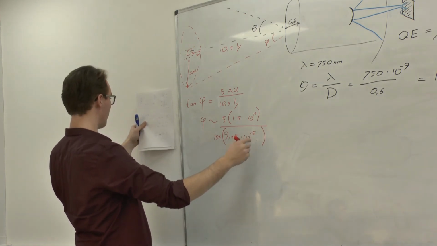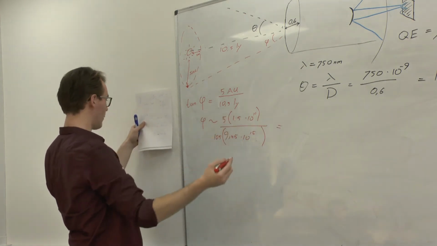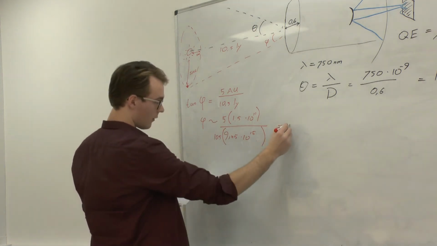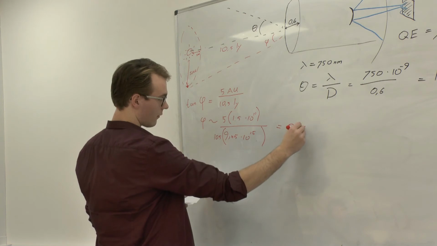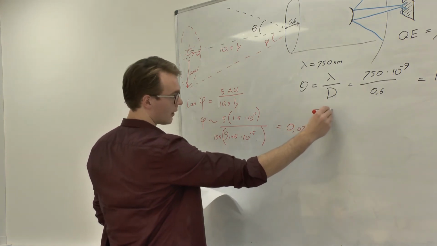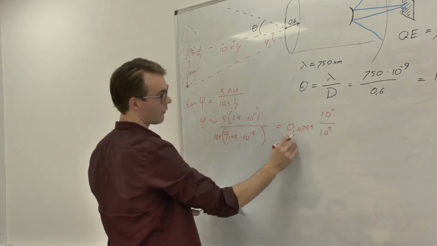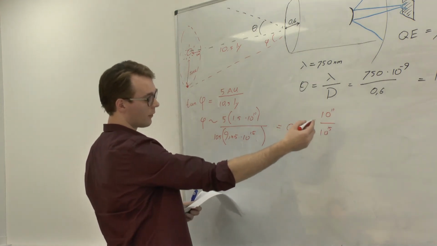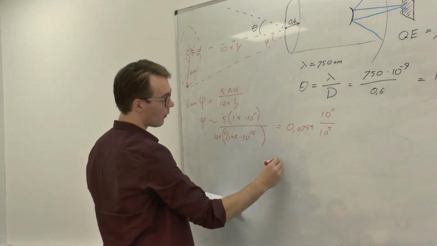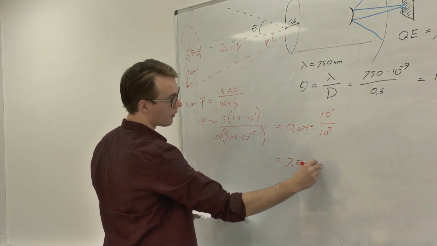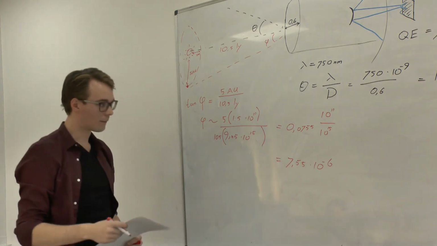Put these meters in there. And then if you put this in on your calculator, you will see that this is 0.0755 times 10 to the 11th over 10 to the 15th. So it's going to be 0.0755 times 10 to the minus 4. Or if you want to nicely rewrite it, it's going to be 7.51 times 10 to the minus 6.